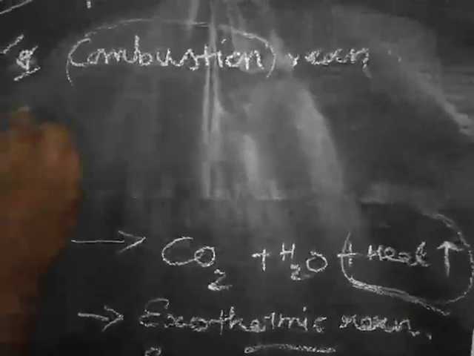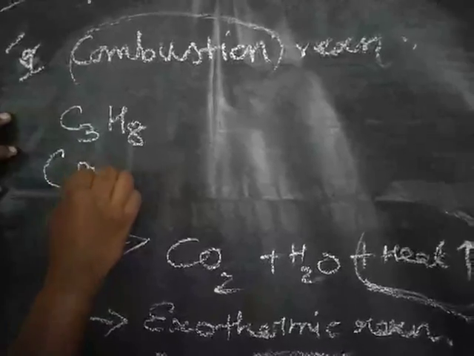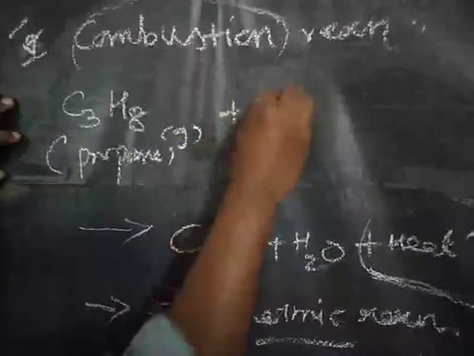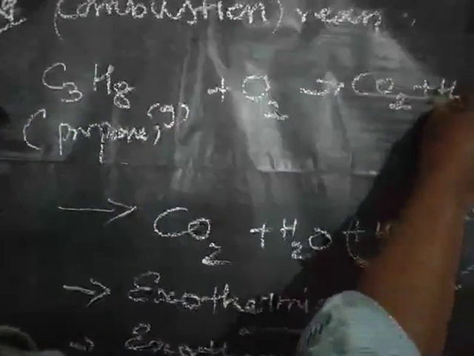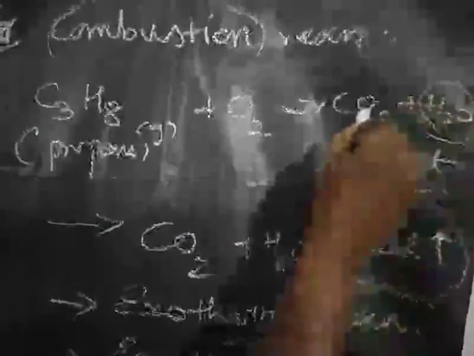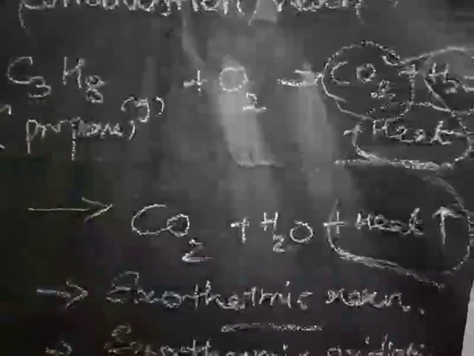LPG gas is a mixture of propane and butane. C3H8, propane gas, combined with oxygen gives carbon dioxide plus water plus heat energy liberated. Water is coming in vapor form, carbon dioxide in gaseous form, and heat is also obtained. These come outside.